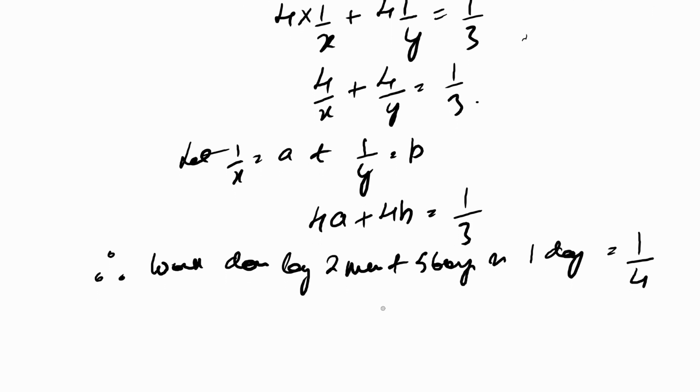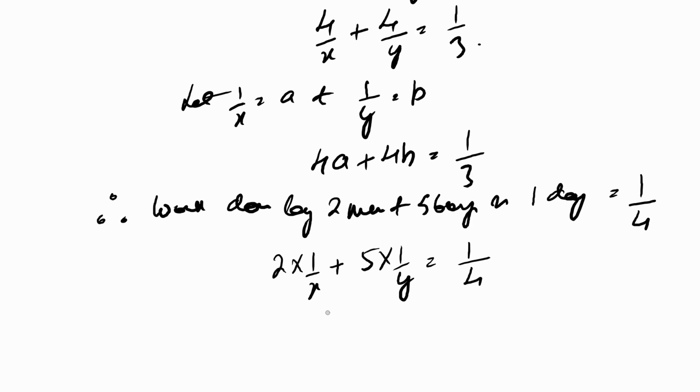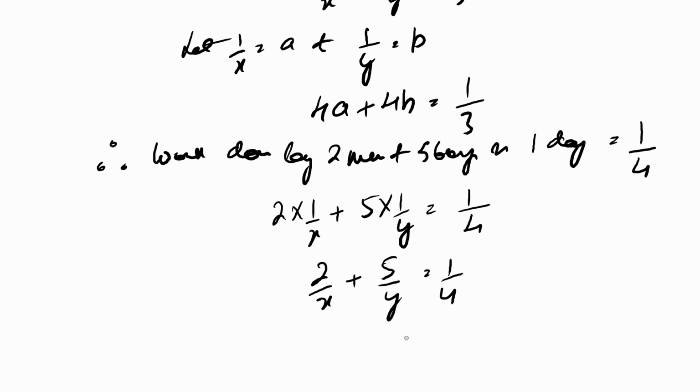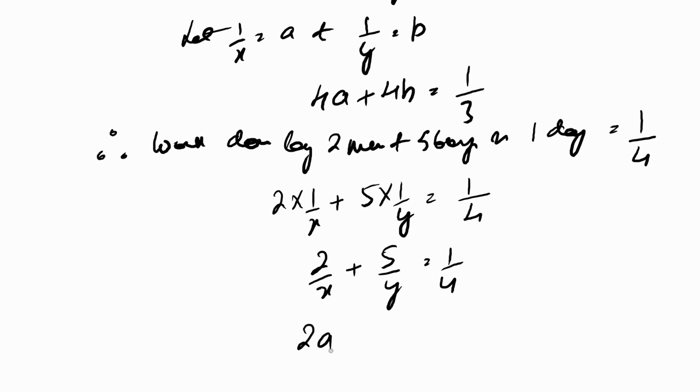Now what can we say over here? 2 into 1 by X plus 5 into 1 by Y is equal to 1 by 4. So 2 upon X plus 5 upon Y is equal to 1 upon 4. We'll again take it like this: 2A plus 5B is equal to 1 by 4.